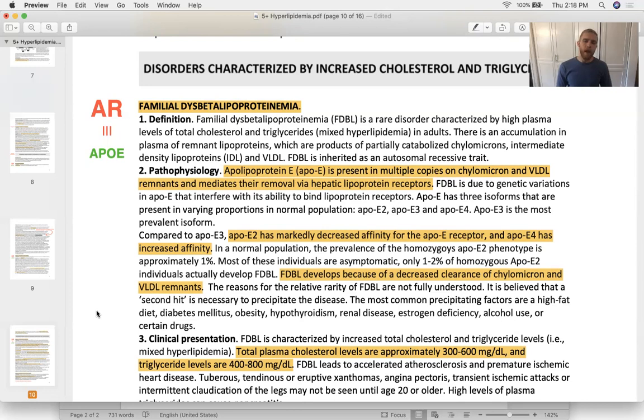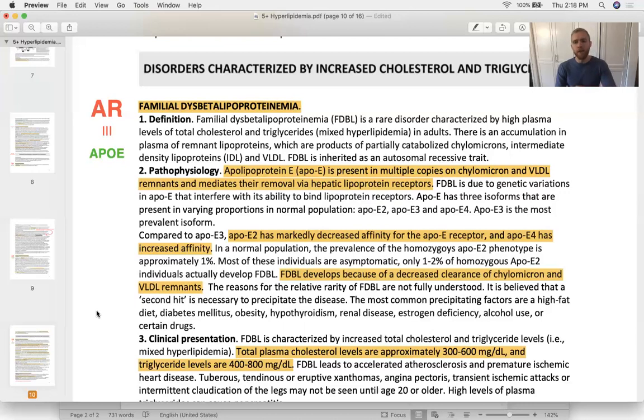Now, ApoE will bind to its receptor, and then when that happens, whatever cell has that receptor on its surface is going to scoop up that lipoprotein and suck it into the cell so that it can access all of the lipids within. So if you have a decreased affinity for the ApoE receptor, that means that it is more likely that that lipoprotein is in the blood rather than in a cell.